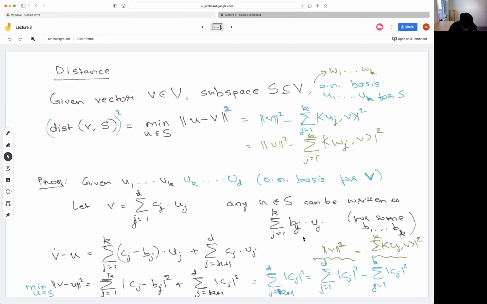And the closest point U that we found, where you just basically copy all the Cj's as Bj's, is also called the projection of the point V to the subspace S.